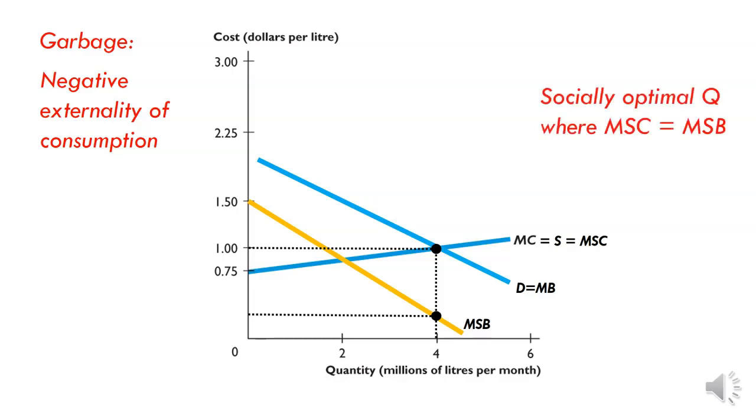So this free market outcome is not an efficient allocation. Rather, it should be here. 2 million litres per month, because it's at this point that the marginal social benefit equals the marginal social cost.